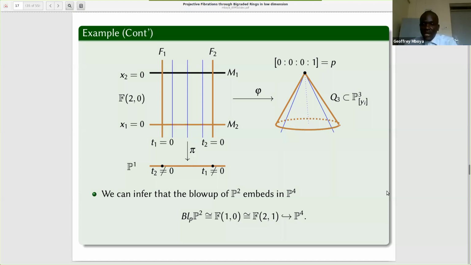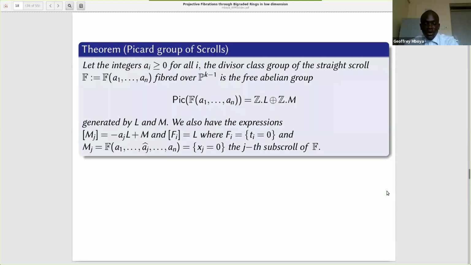And because of the isomorphism that we had seen earlier, we know that scroll F_1 is the scroll with weights (2,1), and through the map we can see the isomorphism of line bundles on the scroll, which is generated by L and M, where L and M are the line bundles associated to the characters (1,0) and (0,1) respectively, as I said earlier.